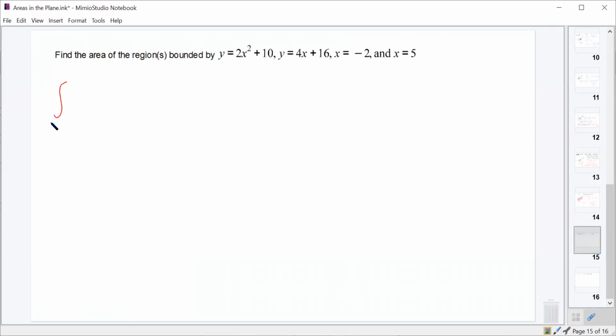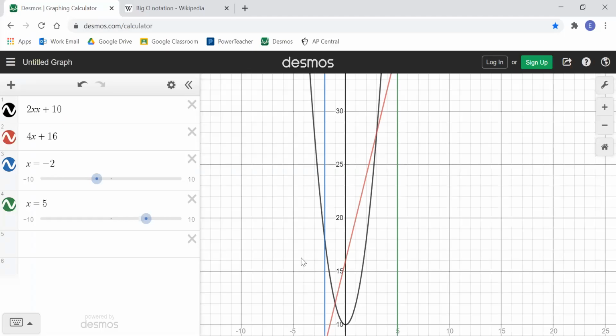First one should be from -2 to the first intersection point that we had between the parabola and the linear piece. And so if we go back to this, where did the parabola and the linear piece first intersect? At x equals -1, right? So the first integral will be from -2 to -1 with the upper, the parabola, minus the lower, the linear.